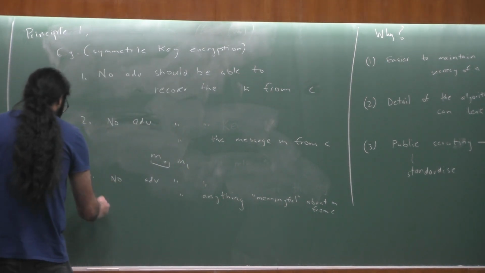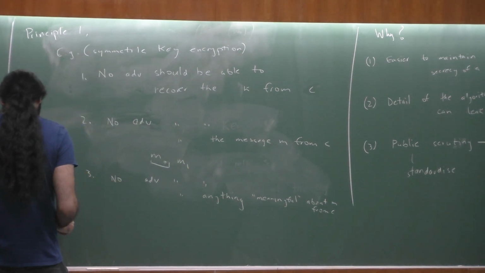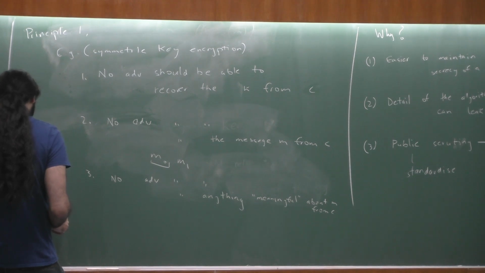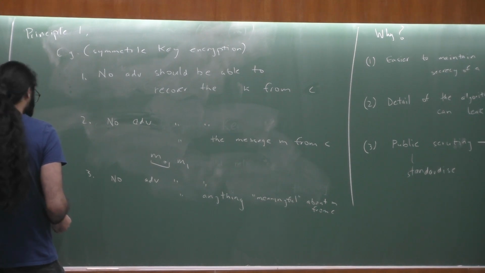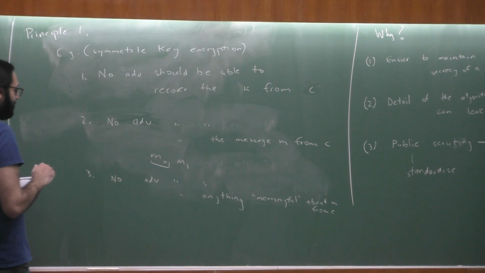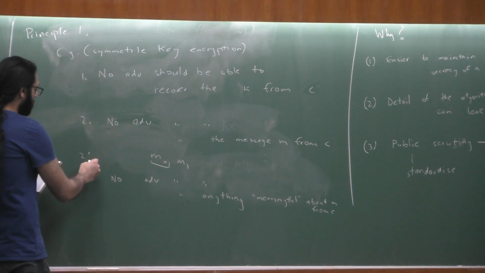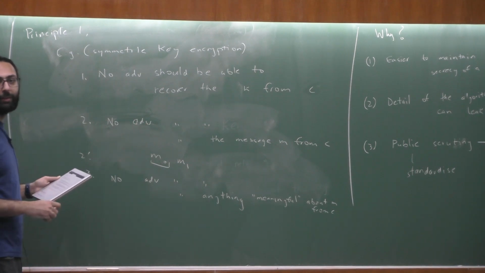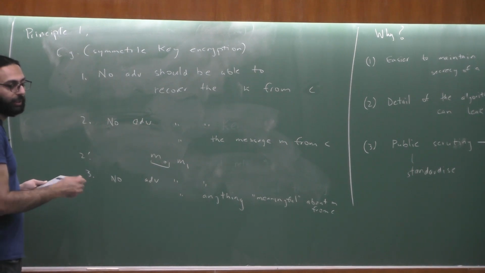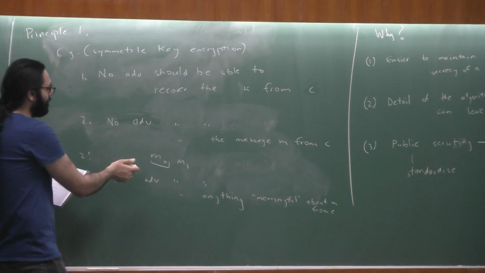Okay, so this is the final one. Did I skip one? Okay, I skipped one. There was one very interesting case in between that I accidentally missed. Before this, you could say 2 prime, that you shouldn't learn any bit of M. The example I gave was that you were learning some bits.